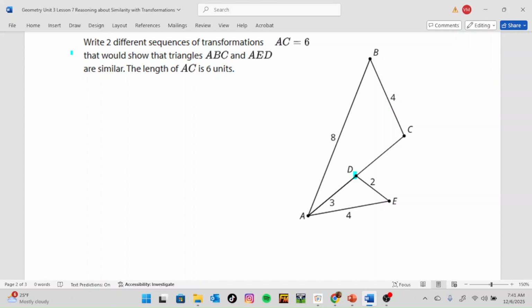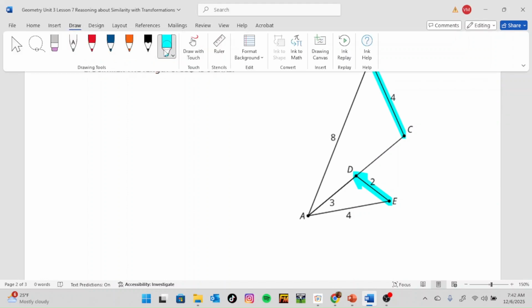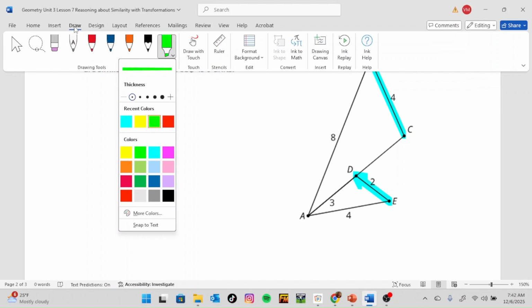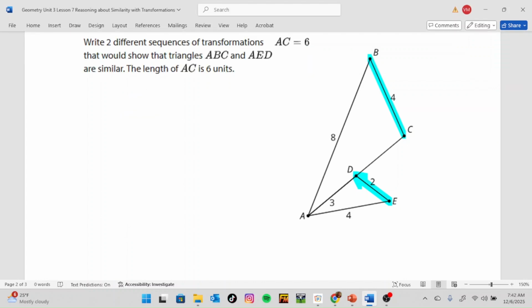If I look at DE, that correlates with BC. If I look at AE, that correlates with AB.